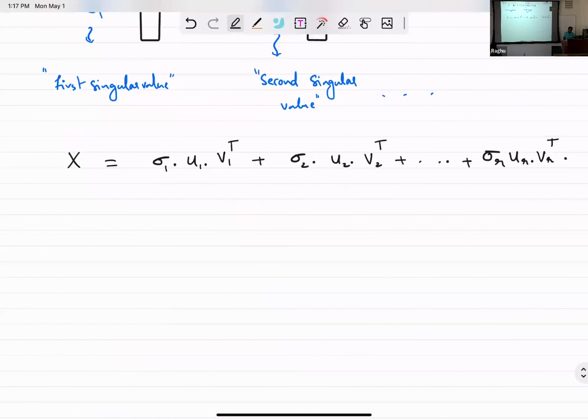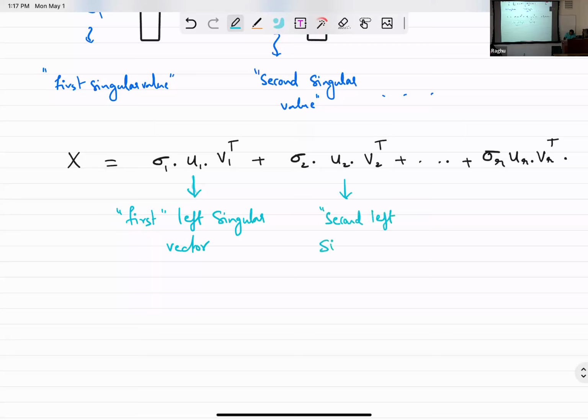And in the same way, we can call these Ui's the left singular vectors. So U1 is the first left singular vector. U2 is the second left singular vector, and so on.